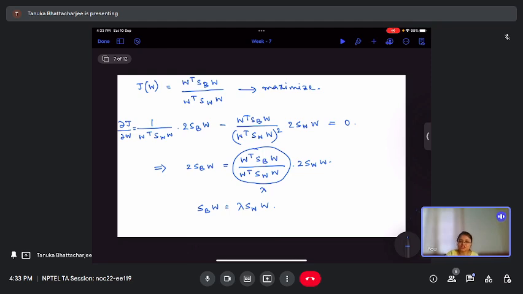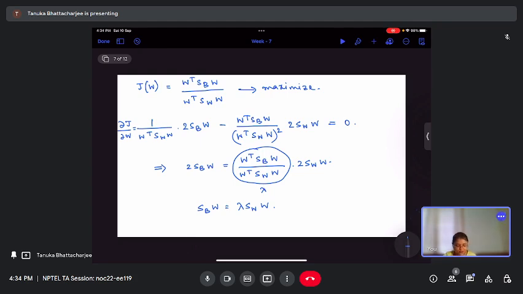So, the direction of both the vectors SBW and SWW are the same, only they are scaled versions of one another.